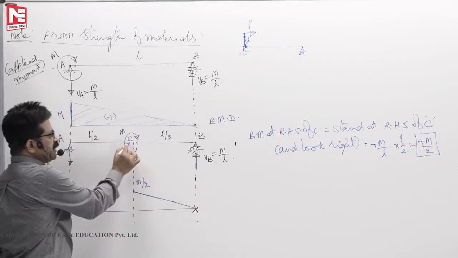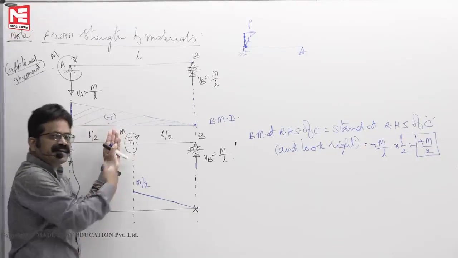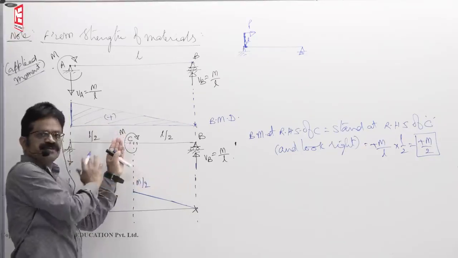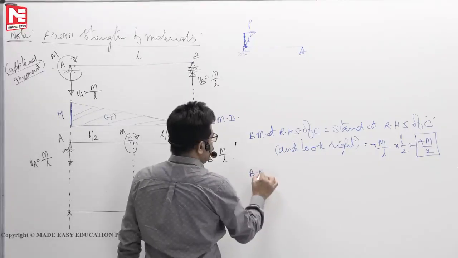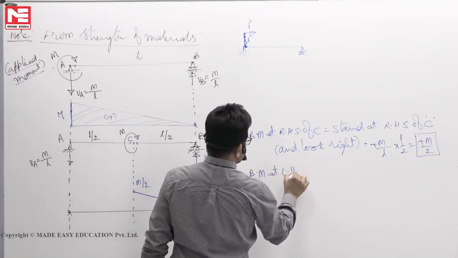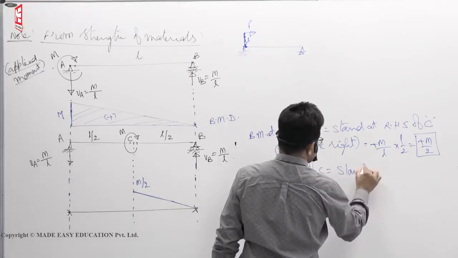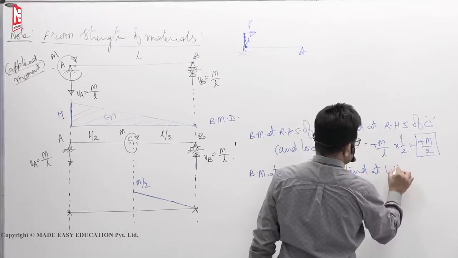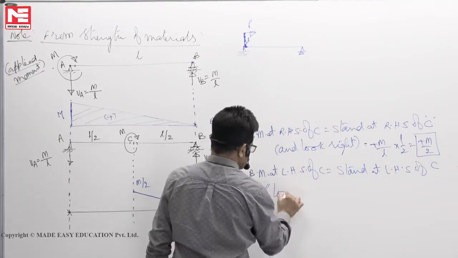Now the bending moment at LHS of C. Stand at LHS of C. Again you can look right side, or if you don't want to, you can look left side. So stand at LHS of C and look right.